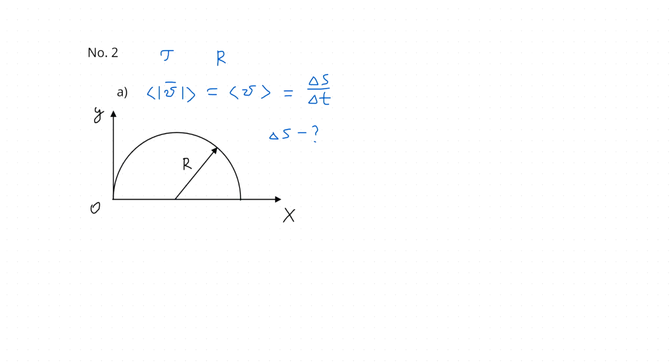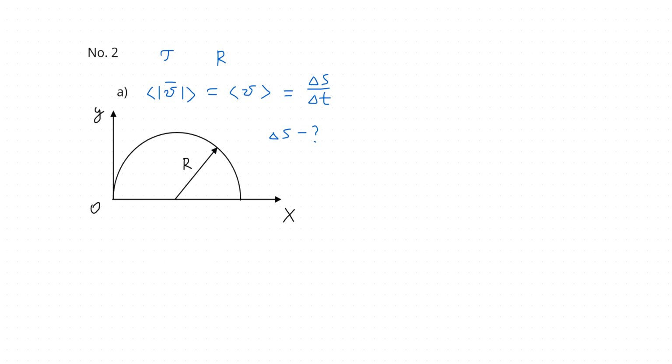If delta S is the length of the path, how to find this? Can you remember? It is just the length of the half circle.